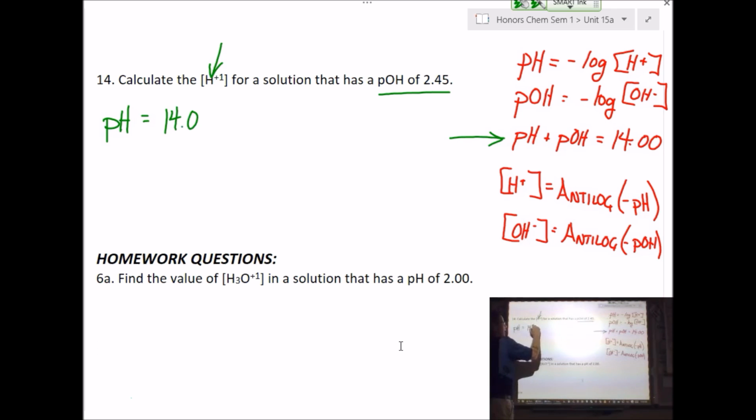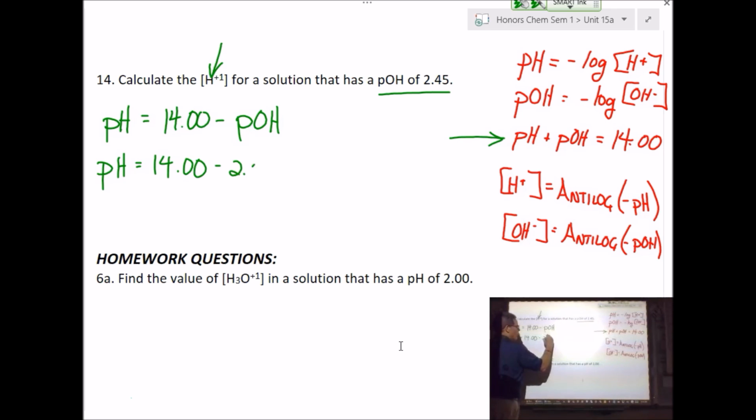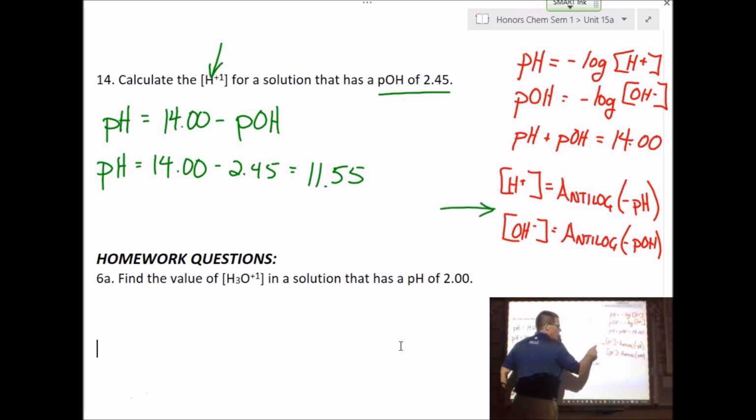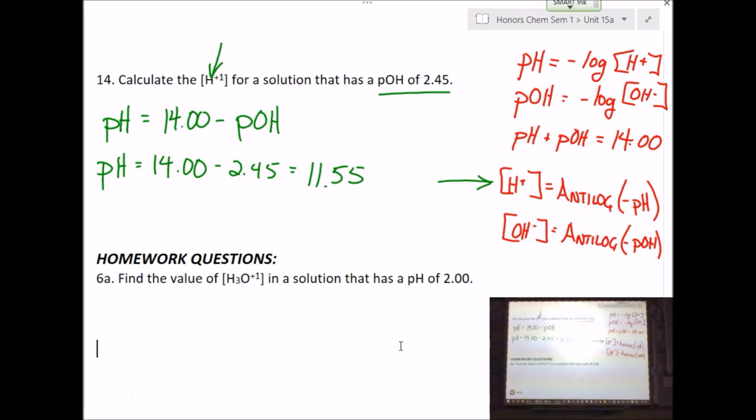So do 14 minus pOH. So 14 minus 2.45, is that like 11.55? Does that make sense? And now that we have the pH, then we can do the antilog to get the hydrogen concentration.